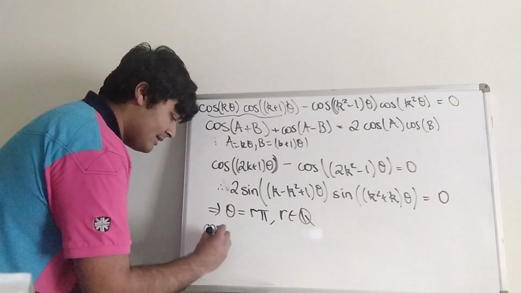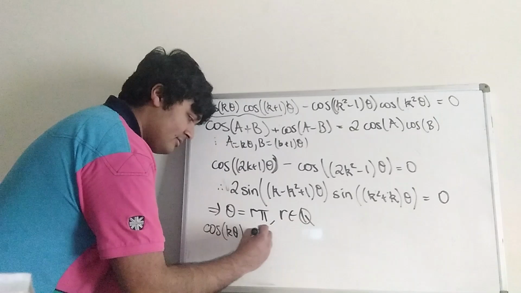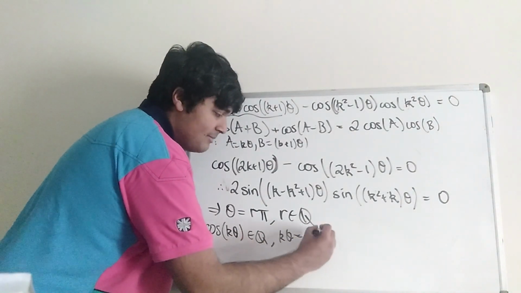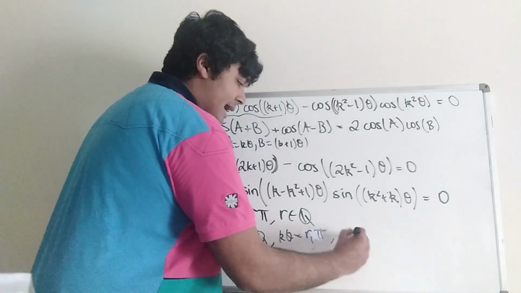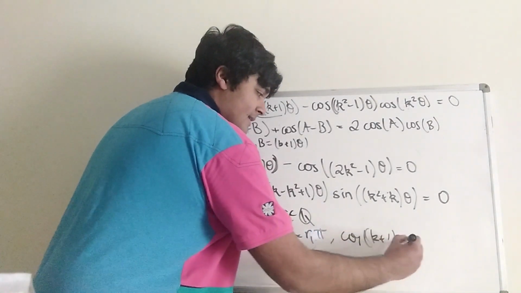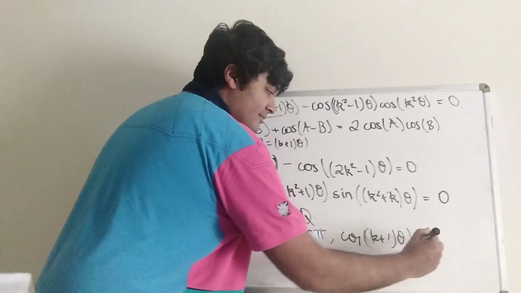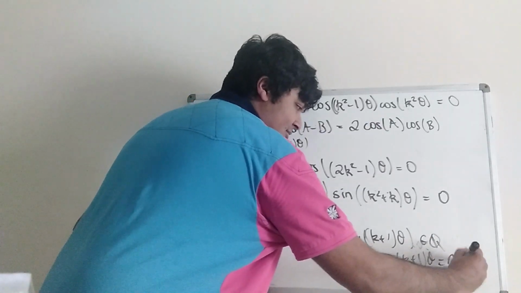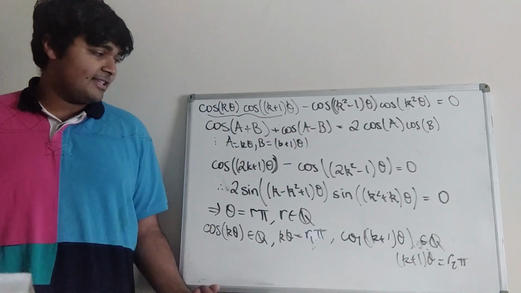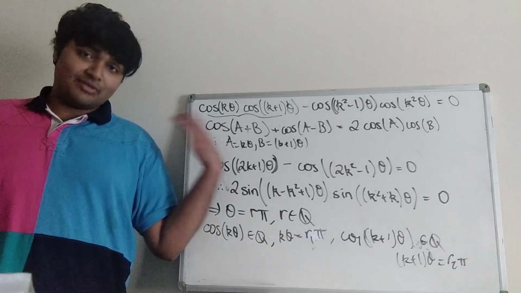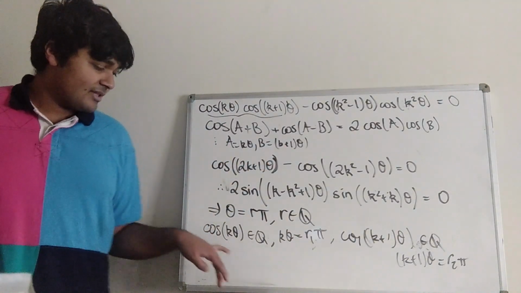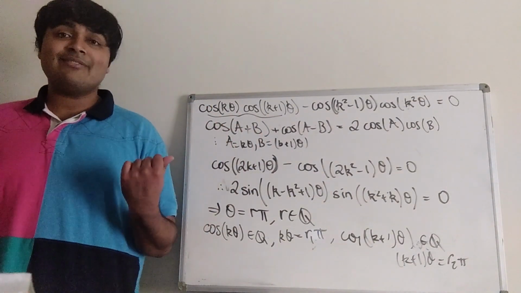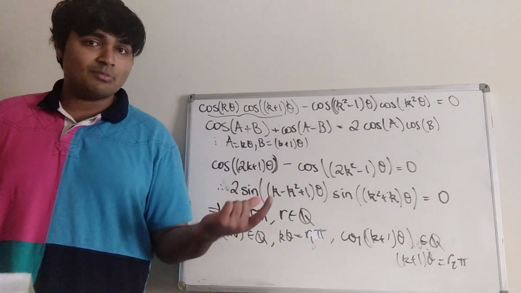So cosine of k theta is rational, and k theta equals r1 times pi for some rational number r1, and cosine of (k plus 1) theta is rational, and (k plus 1) theta equals r2 times pi for some rational number r2. Then the result of lemma 2 says that cosine of k theta and cosine of (k plus 1) theta must take certain values, either 0, plus or minus half, or plus or minus 1.